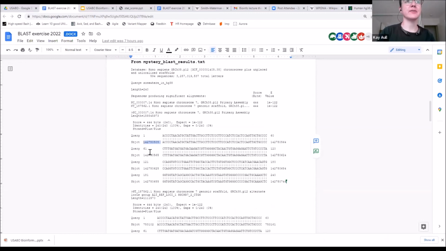This is part of your BLAST results, and you're looking at this NC blah blah blah, chromosome 38 primary assembly. That is chromosome 7. That's all of it. And then your query sequence, you're going from 1 to 240, but your chromosome, here's your start position, here's your end position. Oh, okay, I see. Yeah. Thank you.